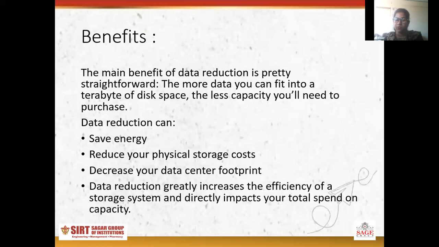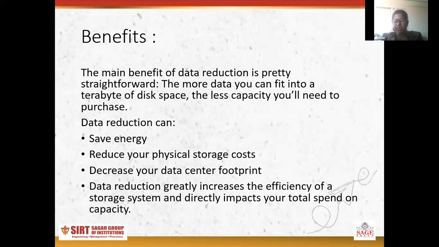So let us discuss this in a little detail. When we talk about saving energy, how are you going to save that energy? You save the energy of processing as well as your own energy.